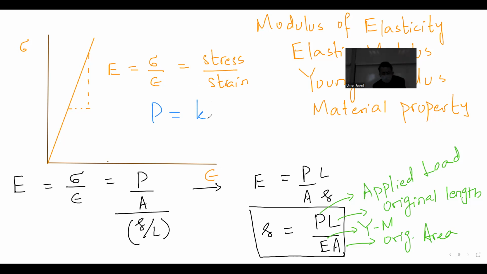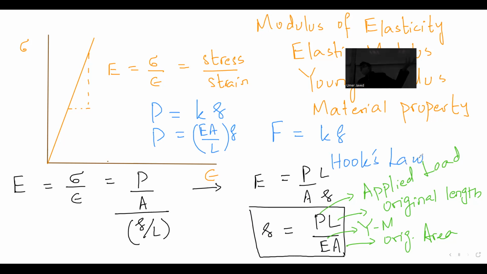Kx, right? Now P equal to K multiplied by delta, so K will be EA over L. Again, I never memorized this. I memorized PL over EA. So I will say F equal to K delta. That's Hooke's law, right?